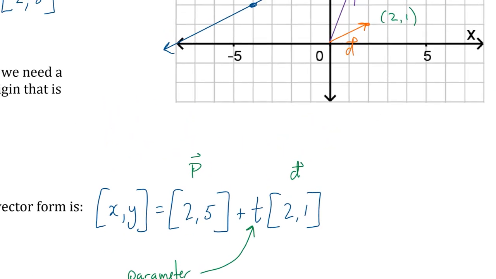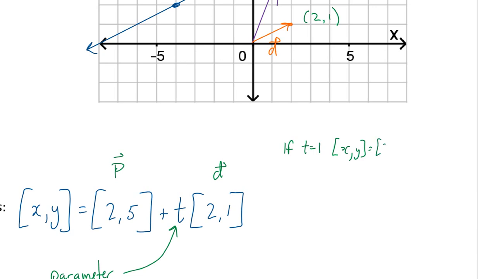Well, if t equals 1, now I'm just talking here. I want to explain what the point of the vector form is, okay? If t equals 1, then (x, y) will equal (2, 5) plus 1 times (2, 1), which will be 2 plus 2, which is 4, and 5 plus 1, which is 6.